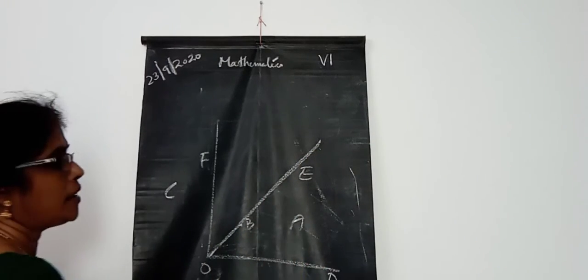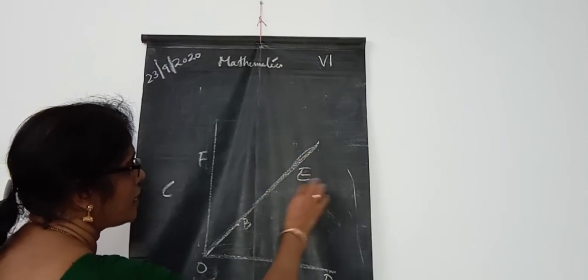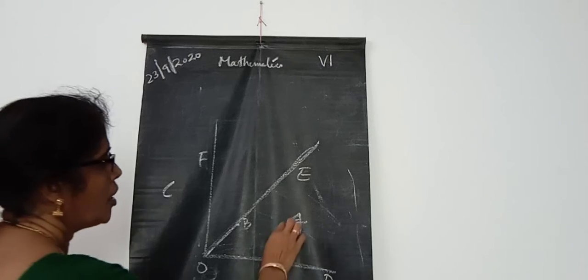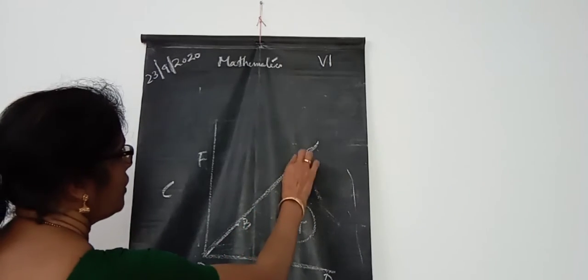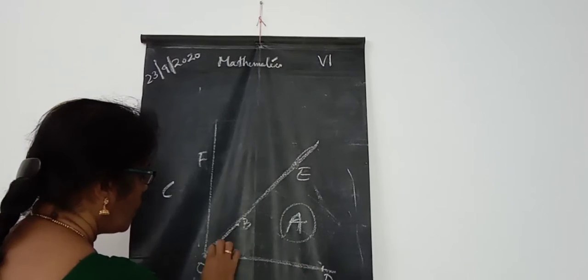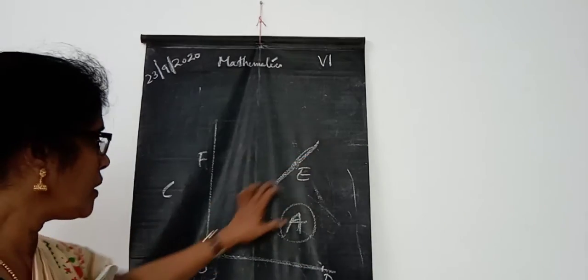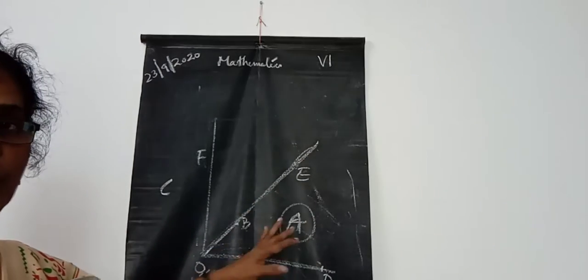And which point is here? In the interior means inside of this, that is point A. And this B, E and D, that is on the angle. So here the interior of this angle is A.